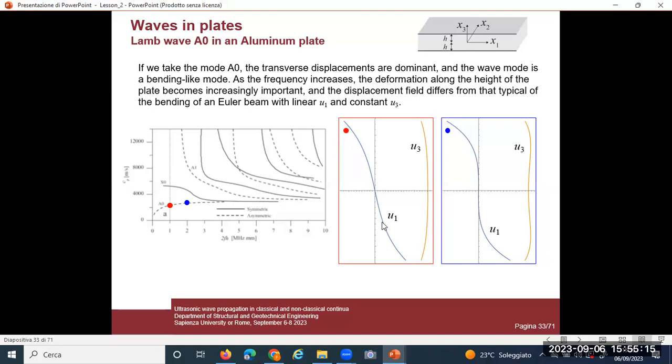And the U1, you see it's more or less linear when frequencies are small. This is the bending in the cross-section, which is more or less linear. You go higher in frequency, things start to distort. Some other effects start to be important, and something more complicated happens.